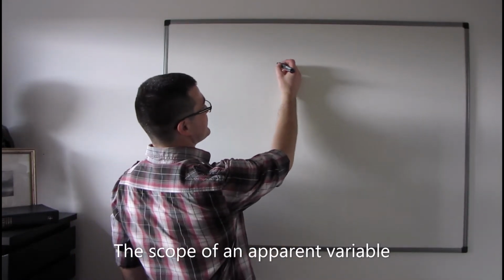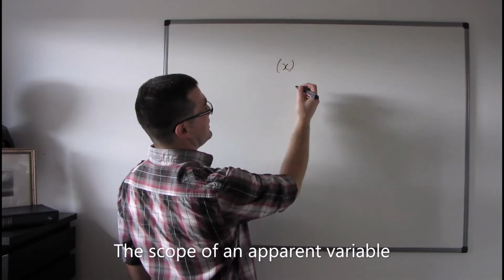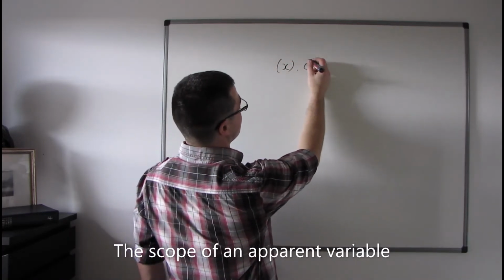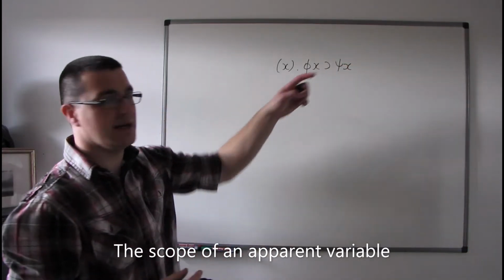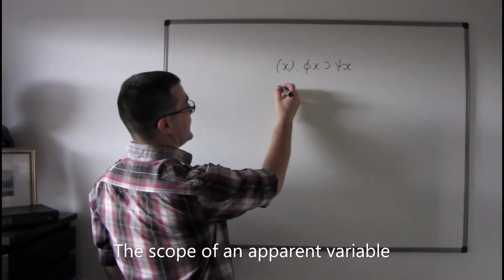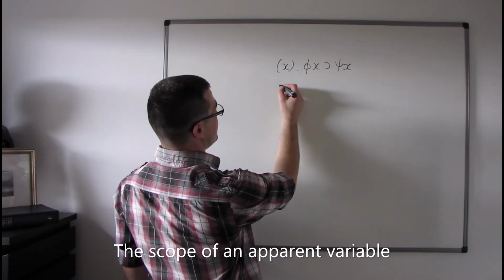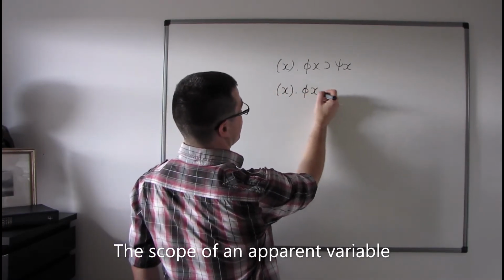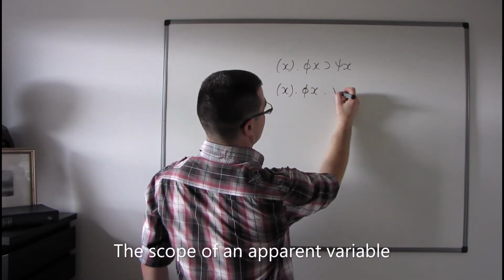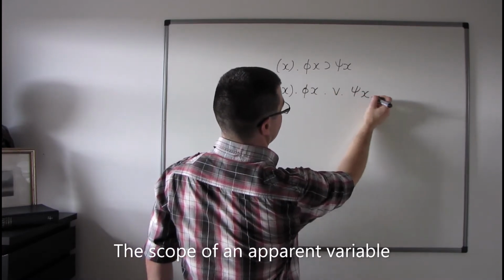So if I take the two expressions, phi x implies psi x, so phi x implies psi x always, and I could also take something like phi x or psi x.